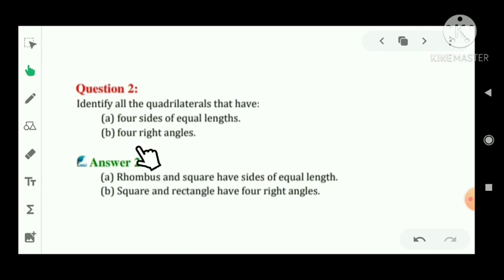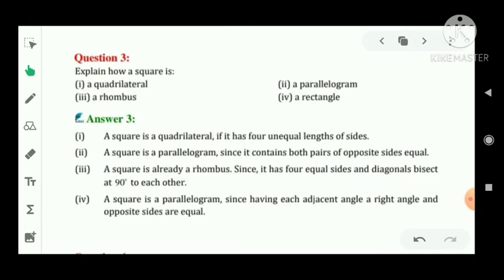Let's see the next question. 4 right angles, so only squares and rectangles, only these two figures have 4 right angles. So option A will be rhombus and square, and option B will be squares and rectangles. Let's see the next question.